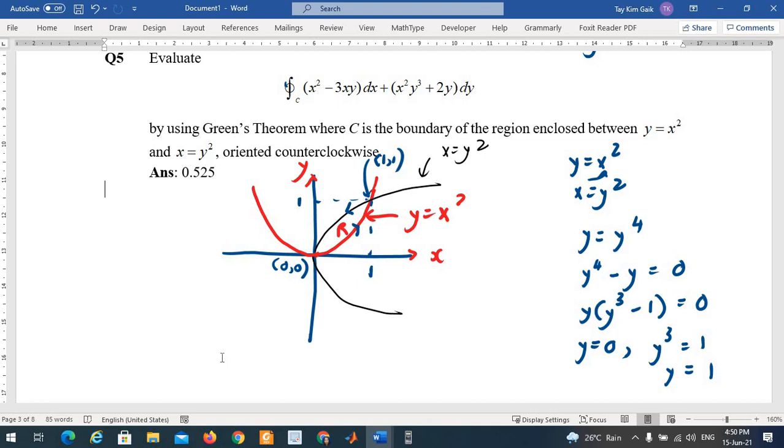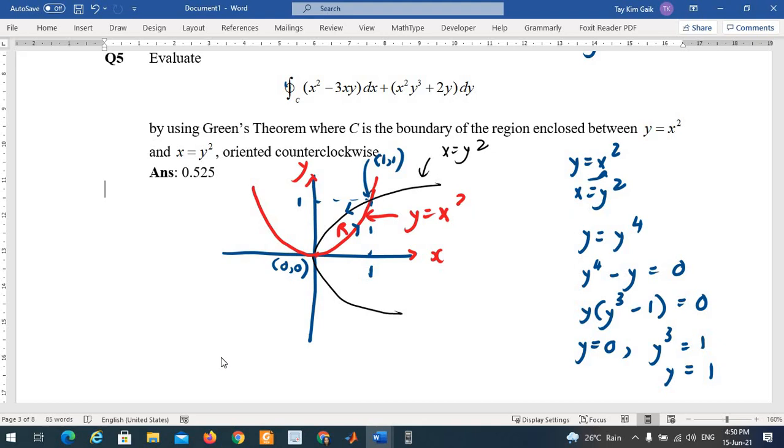Okay, and then since the curve is closed and anti-clockwise, forming region R, you can evaluate this line integral using Green's theorem. If you do not apply Green's theorem, then you need to do the line integral 2 times: one time along curve C1, one time along curve C2, total 2 times.